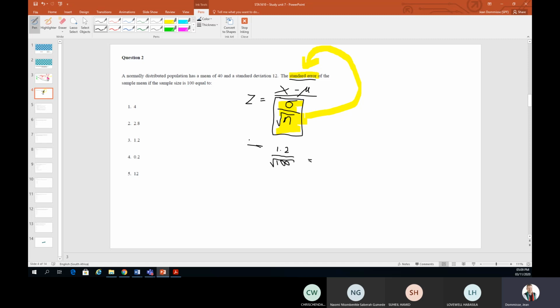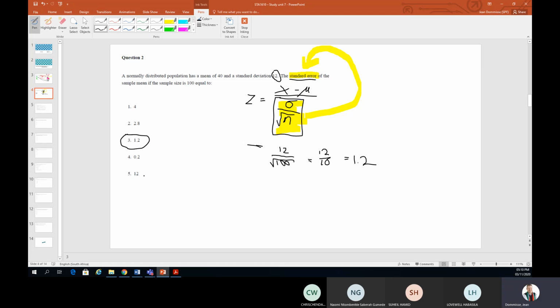So basically, wait, that is not 1.2, that is 12. So 12 divided by 10 will give me the answer, which is 1.2, which is option 3.